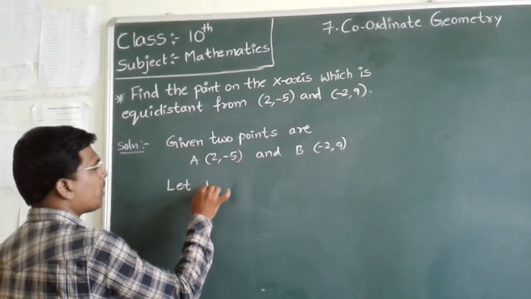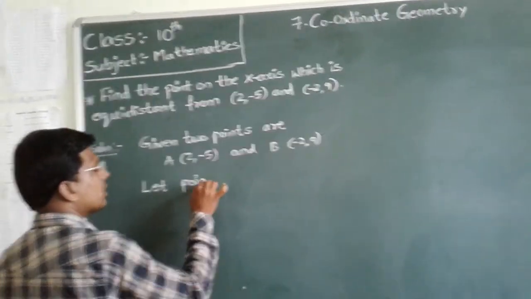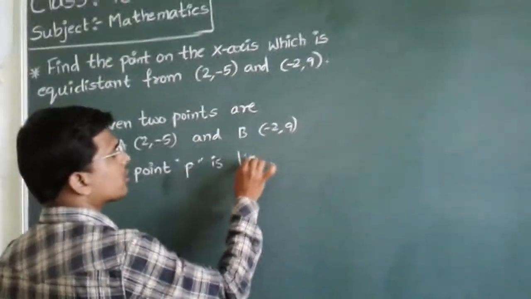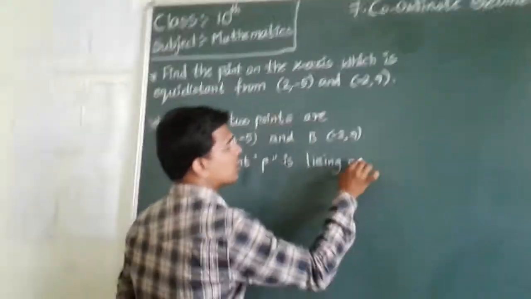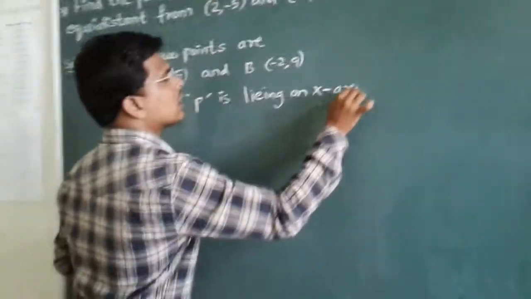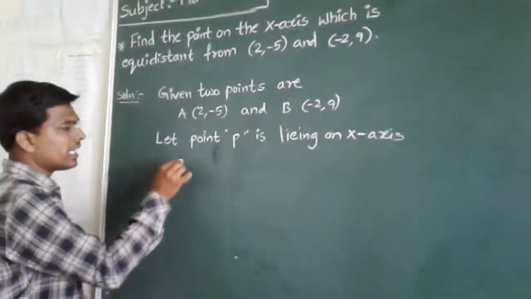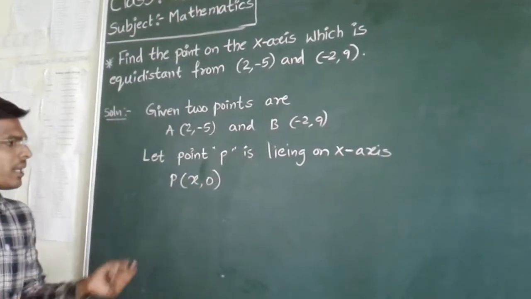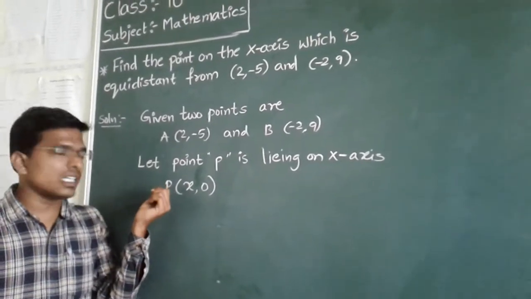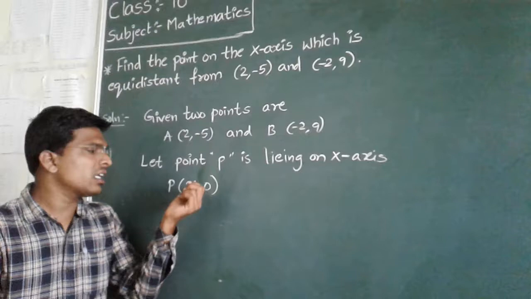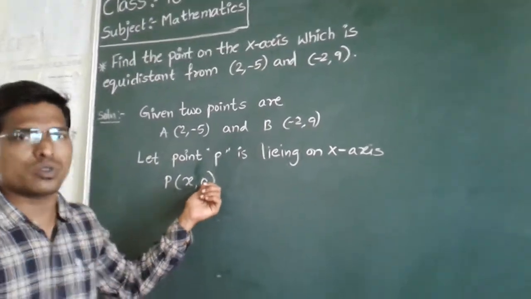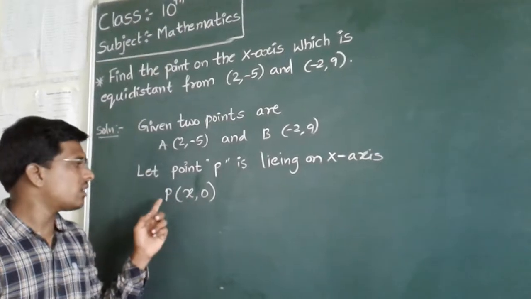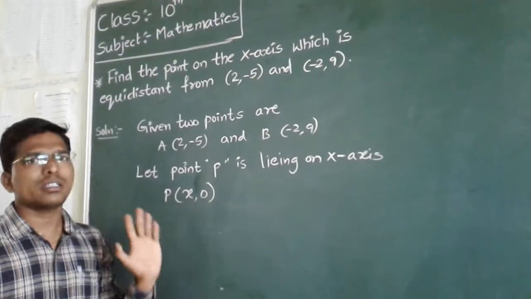Let point P be lying on the x-axis. A point lying on the x-axis will be of the form (x, 0), because the y coordinate will be equal to 0. So that is the point P (x, 0).